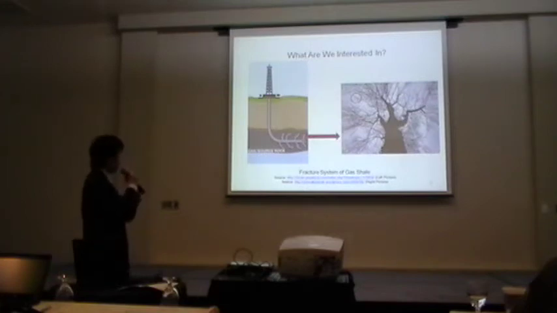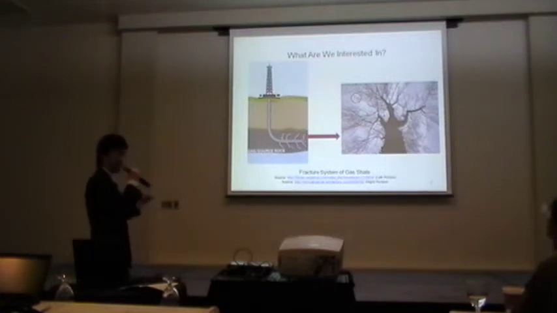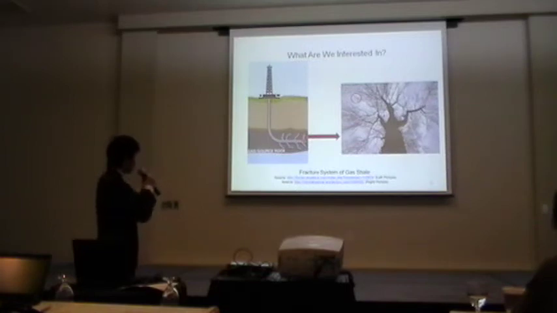So, if we can understand the mass transfer mechanism of how the gas travels through those fracture networks, we will be able to optimize the production rate, right? Imagine this.